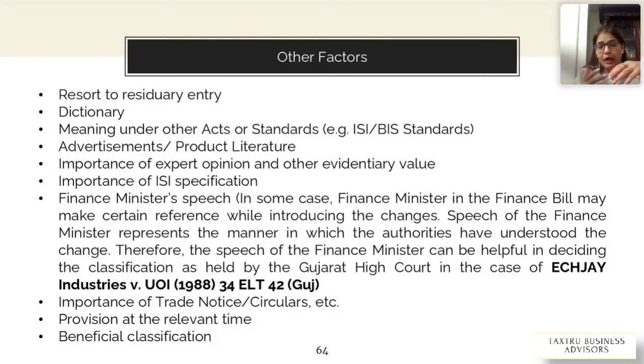How do you differentiate between these two types of yarn? For that you need a technical report only. A testing report from a technical laboratory has to be attached, because by naked eye you cannot make a difference between a fully drawn yarn and a partially drawn yarn. They will look similar to you. So when these kinds of products are involved, you need an expert opinion as well as other evidentiary documents attached, so that you can justify why you are classifying this particular product under this particular entry.